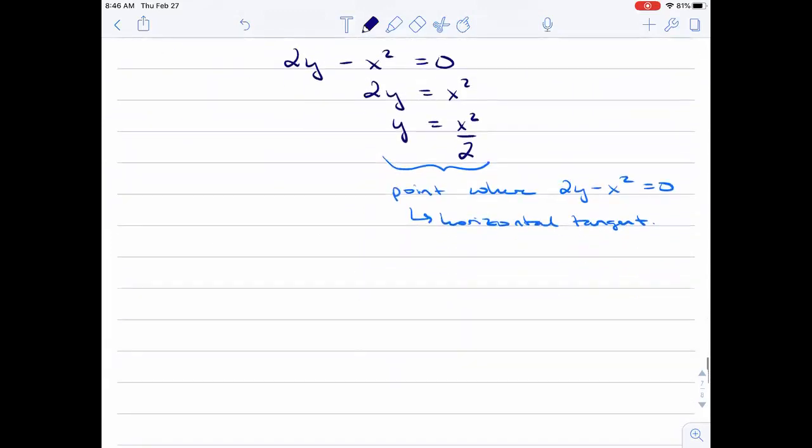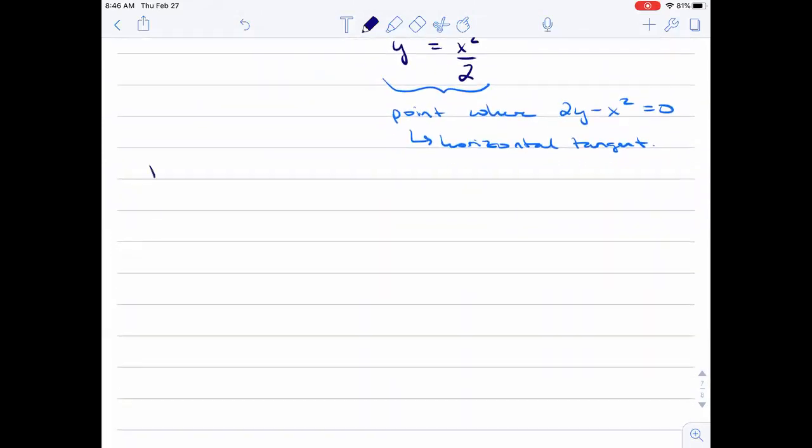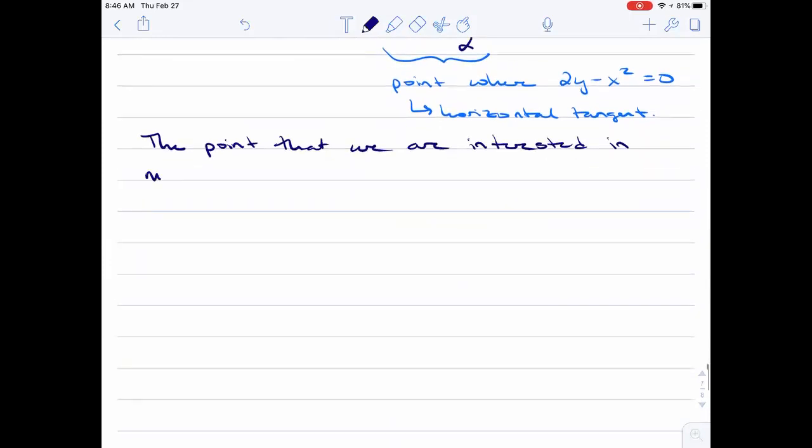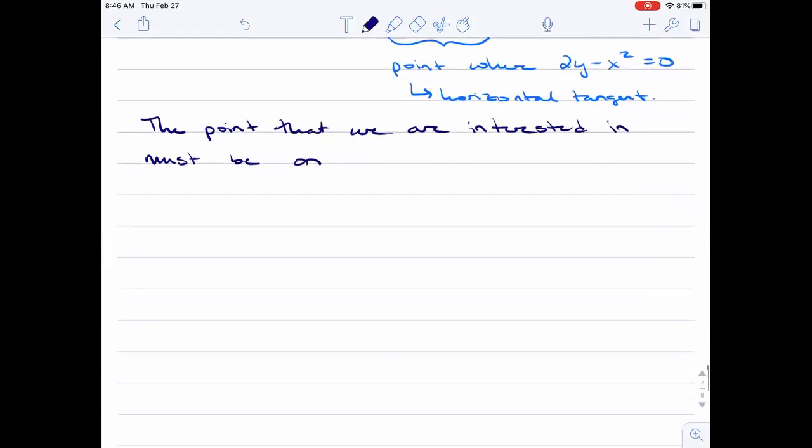And so the point that we are interested in must be on x to the 3 plus y to the 3 equals 6xy. Otherwise, it can't be a tangent.